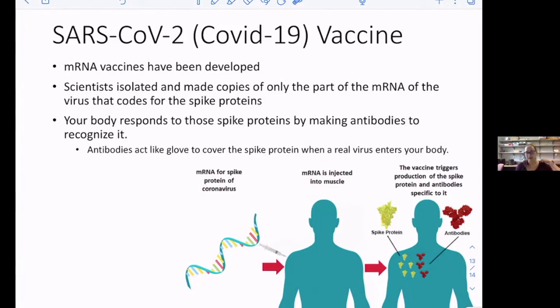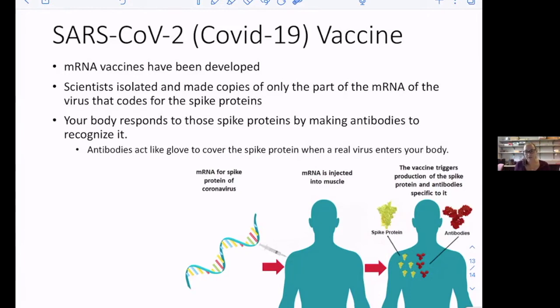So mRNA vaccines have been developed. mRNA, as we've learned, is the messenger RNA, so it's what codes to make proteins. What scientists did is they took the RNA for the whole virus, and they found out what part of the RNA codes only for the spike protein. That's that spike on the edge, the actual recognition part of the molecule.